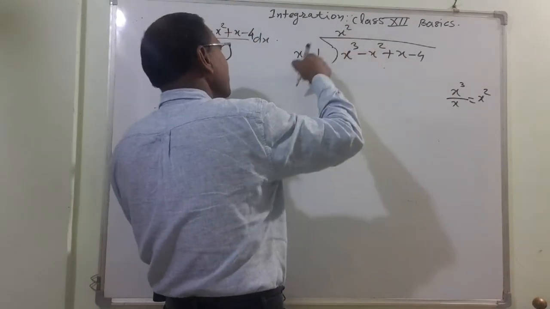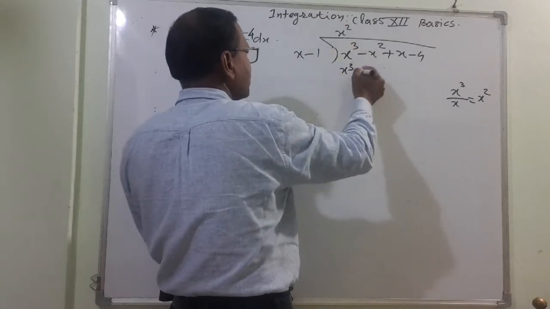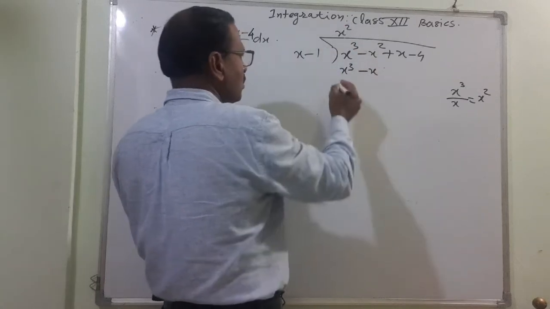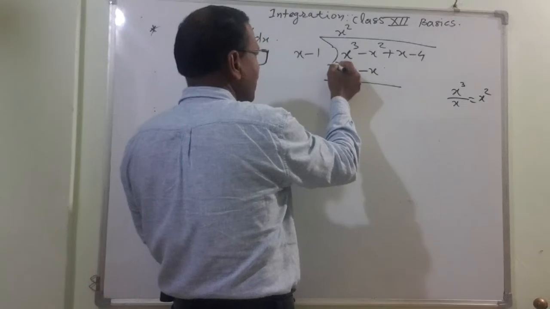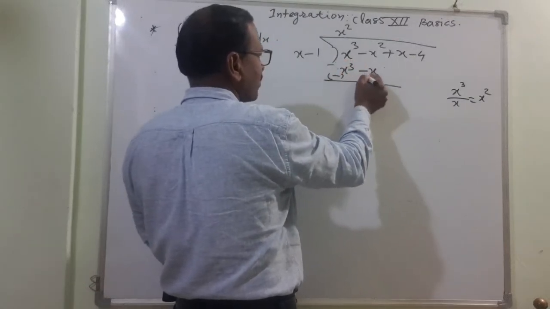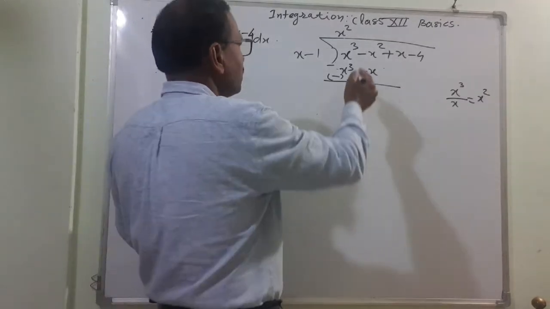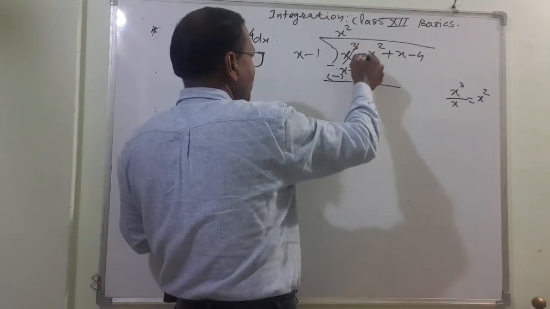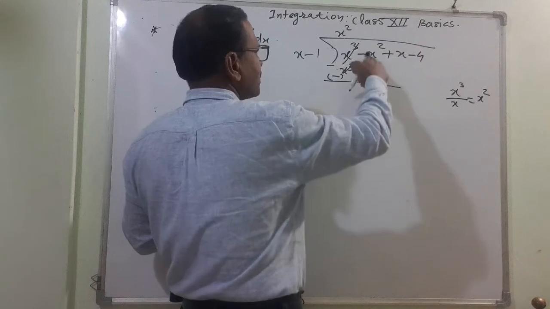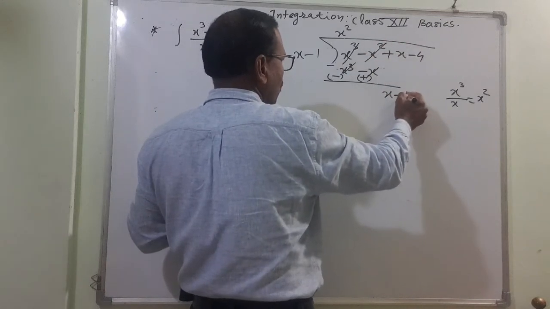Now multiply this: x square into x is x cube minus x square. So we subtract this. The sign of this will become minus, sign of this will become plus. You know all these things, but for revision purpose I am taking this. This cancels, this plus and this minus get cancelled, and what is remaining is x minus 4.